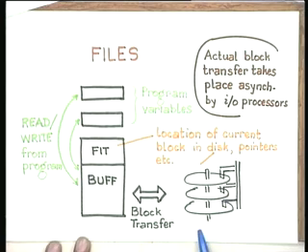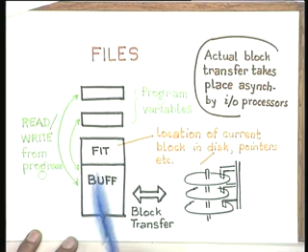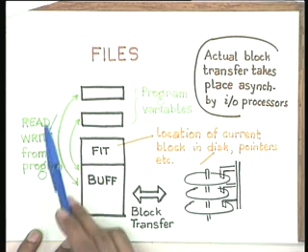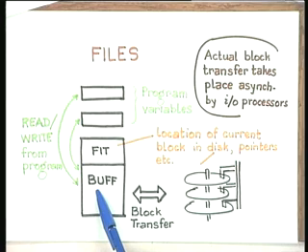Usually the transfer is by a block, and there is a file information table which is stored, which usually contains various information. Firstly, what area of the disk did this piece come from, or what area should it go to. Secondly, there should be a pointer to the actual area in the buffer where the current pointer is.